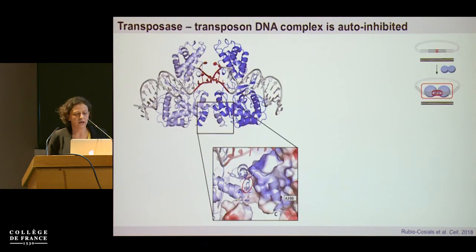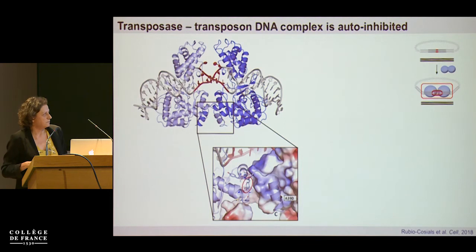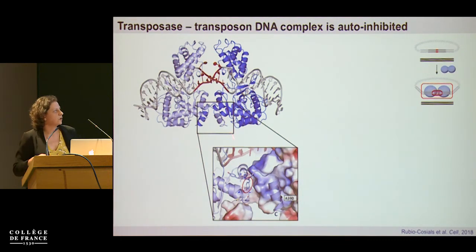Another surprise in our structure was the fact that the catalytic residue that is responsible for cutting the DNA was actually quite far from the DNA. It was pulled away by the C-terminal helix of the protein that is docked into a tight pocket on the partner molecule.